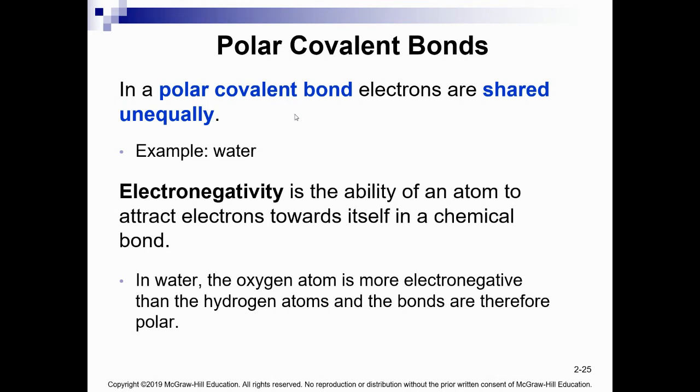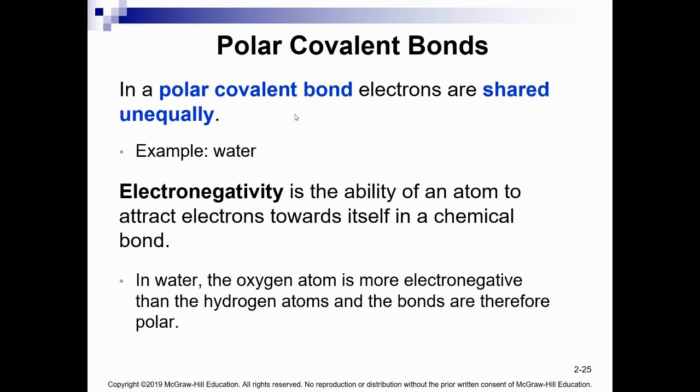An example of this is water. When water forms covalent bonds between 1 oxygen and 2 hydrogens, the oxygen atom is an electron hog. So electronegativity is a term that's used to describe the ability of an atom to attract electrons to itself.